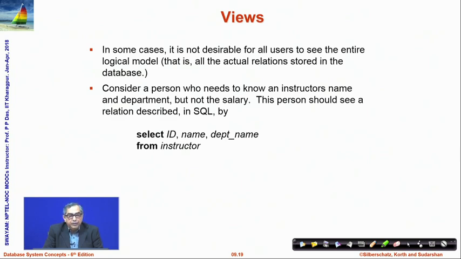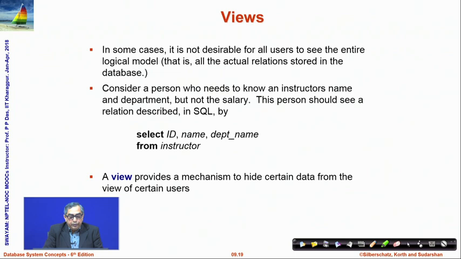Now, you would think that well, this is what we can do in terms of the normal query, and certainly then what is the point of using this. What we can do is create this not just as a query, but as a view.